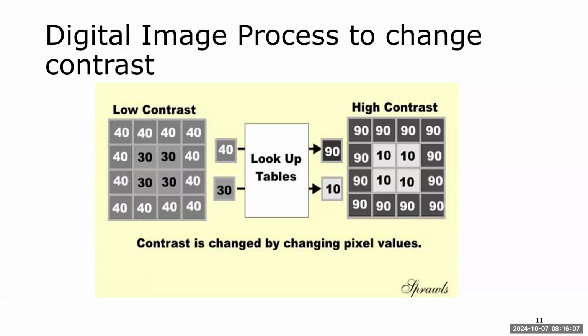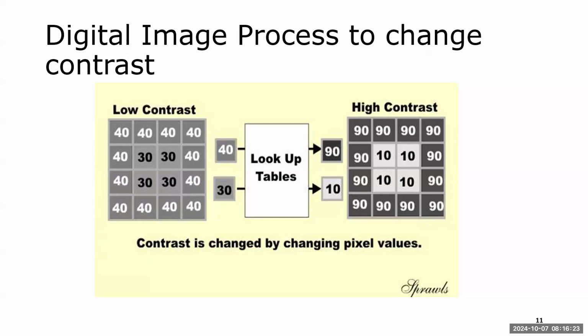So it has a value. Every pixel has a value. And let's say, for example, in your original information or data that comes across, a value of 40 and 30 are applied to those pixels, as you see on the left there.